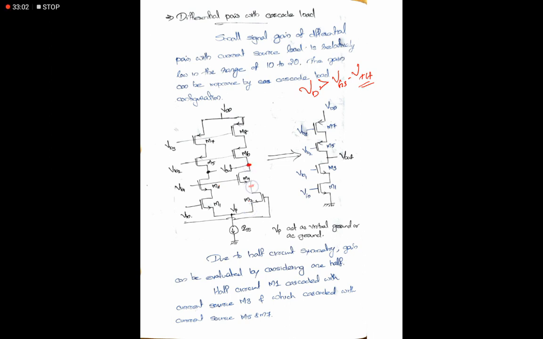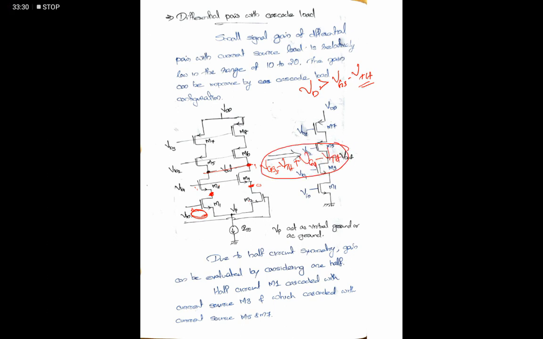So the lower level of output must be greater than this one, that is, if it is 0, this voltage must be greater than this voltage. Here, if we write with respect to M3, VGS3 minus VTH must be greater than this voltage. Okay, gate to source voltage, and this voltage must be greater than this voltage VGS1. So the total voltage must be greater than VGS1 minus VTH also.